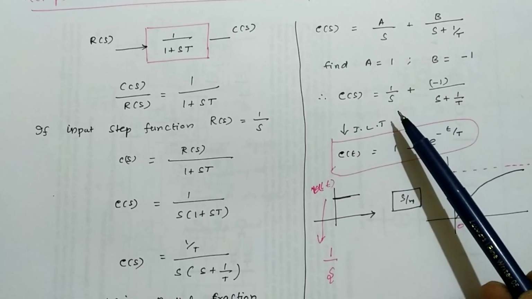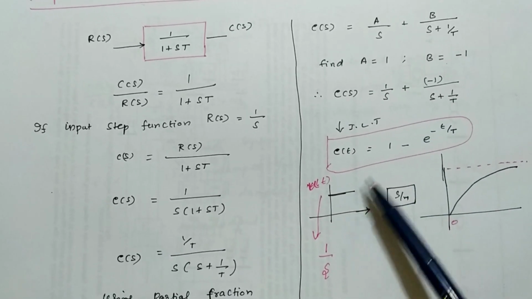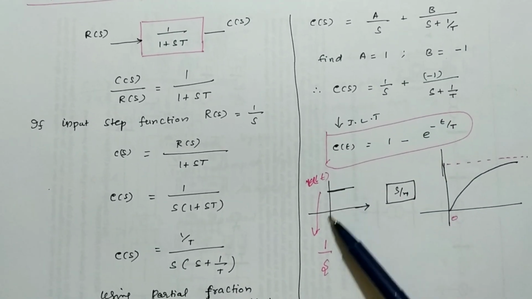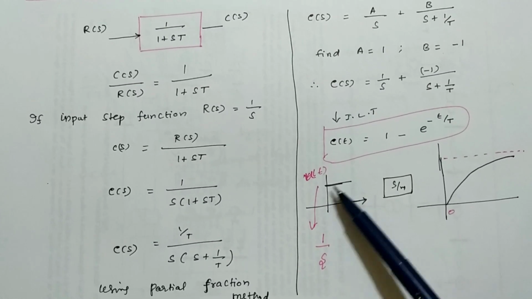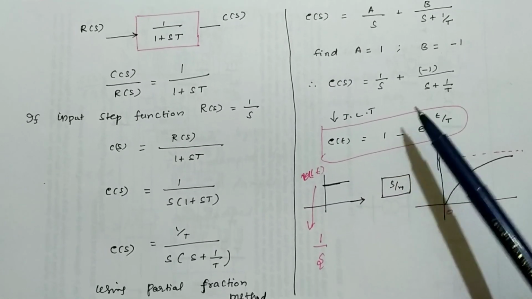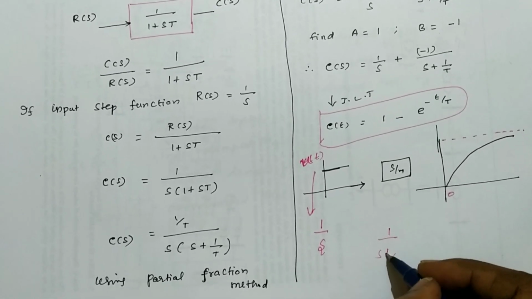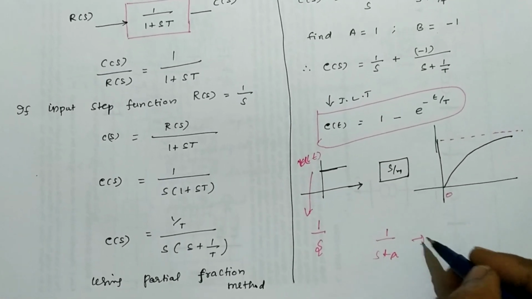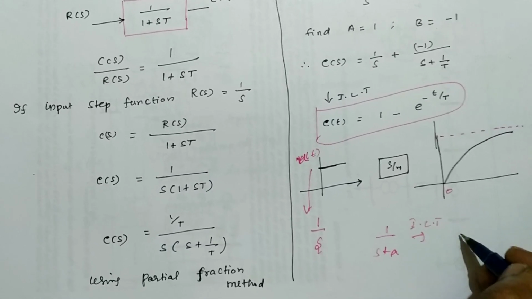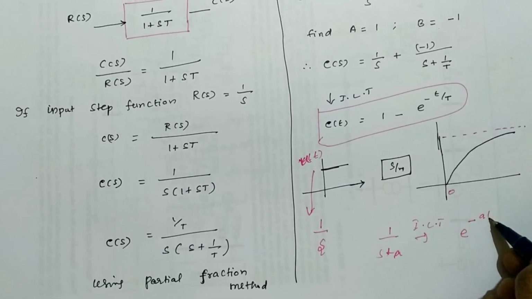The inverse of 1 over s is 1, since the step function Laplace is 1 by s. Then 1 by s plus a has the inverse Laplace of the exponential function e power minus at.